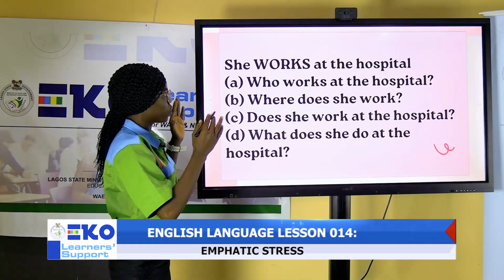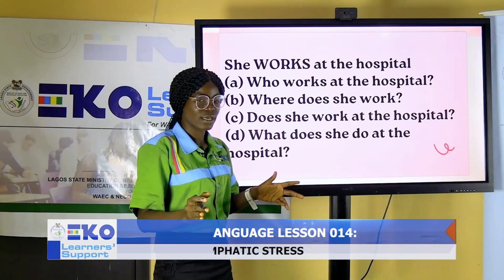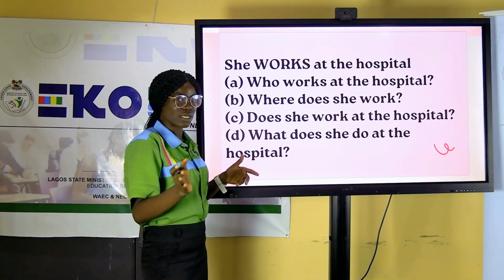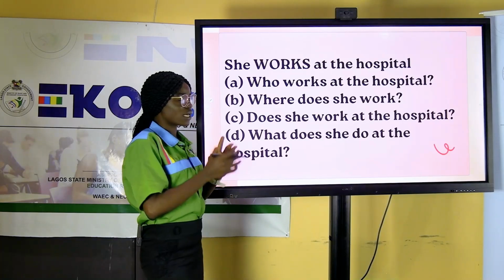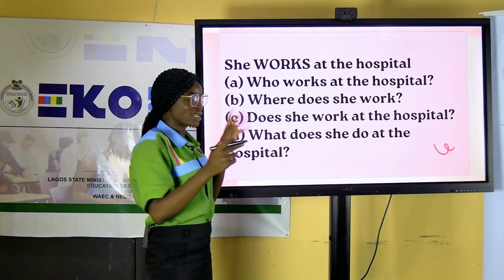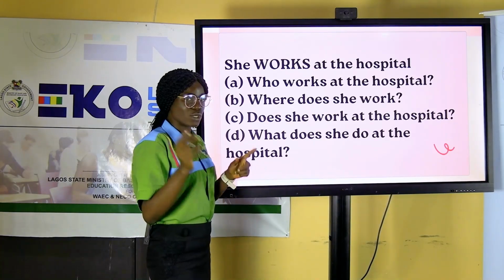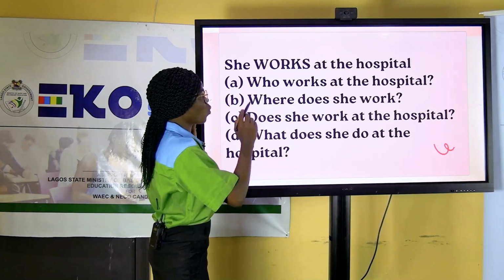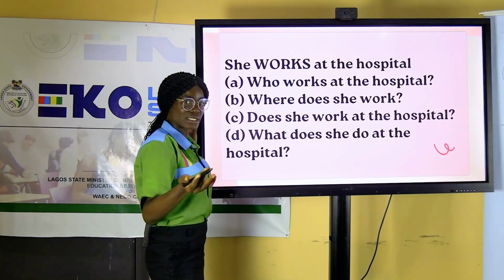Now, this one is a little bit different from the ones we've been doing since the beginning of this class. Now look at it, pay attention to it. Any of these options that answers the question, she works at the hospital, is going to be your answer. Who works at the hospital? Now when you answer these questions, all these are interrogative sentences.